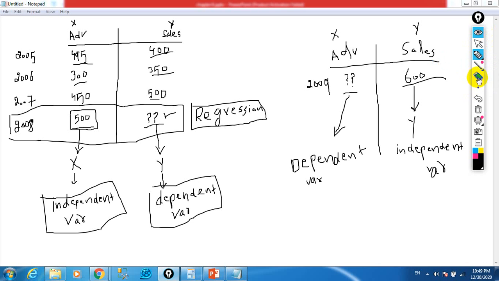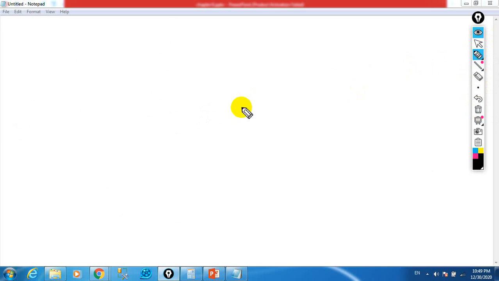Multiple regression means that, for example, we have product demand, item demand in a market. This is a variable, for example X. Now this product demand variable has a relationship with other variables.